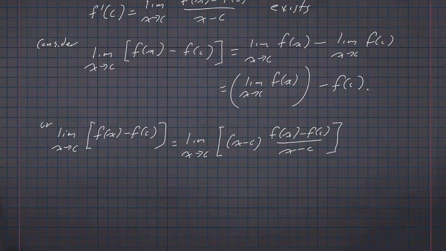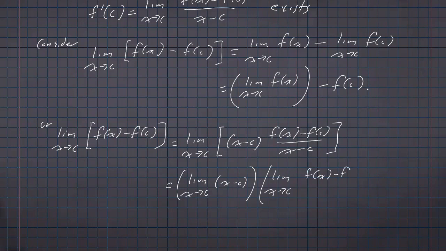Right? The limit as x approaches c of x minus c times f of x minus f of c all over x minus c. Assuming that these two limits exist, we can split this up over the multiplication and separately look at the limit as x approaches c of x minus c and the limit as x approaches c of f of x minus f of c all over x minus c.